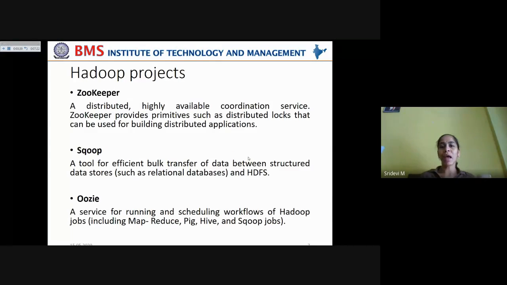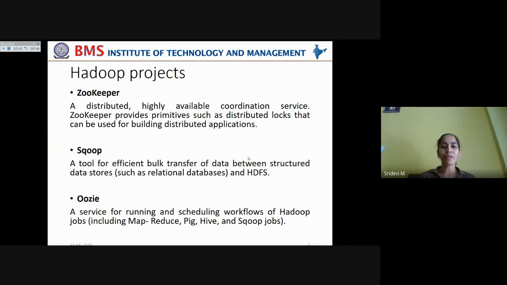So this Zookeeper acts as a coordination service which actually coordinates this entire flow of tasks. It provides primitives such as distributed logs that can be used for building distributed applications without having any problems in reading or writing the data, performing read or write tasks.